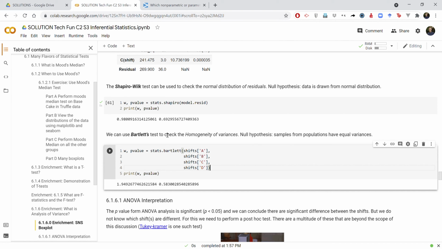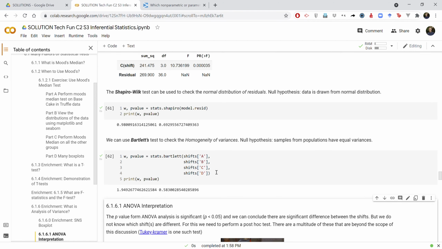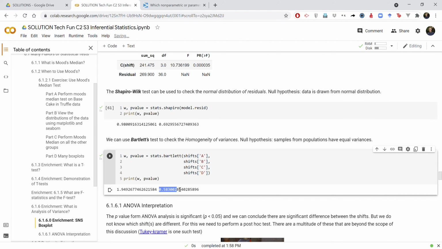We can use Bartlett's test to check the homogeneity of variances, that is, the null hypothesis: samples from populations have equal variances. And again, our p-value here is well above 0.05. So we can say that the null hypothesis is valid.